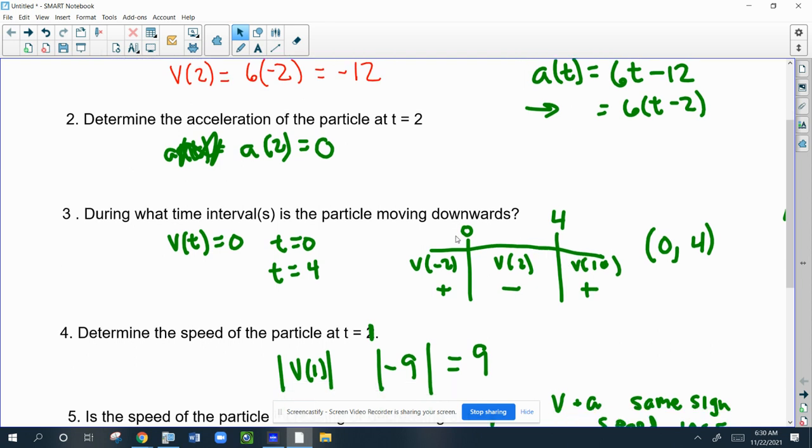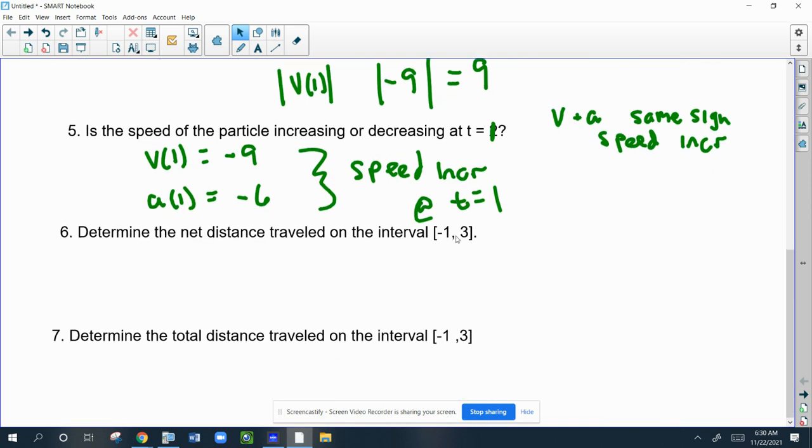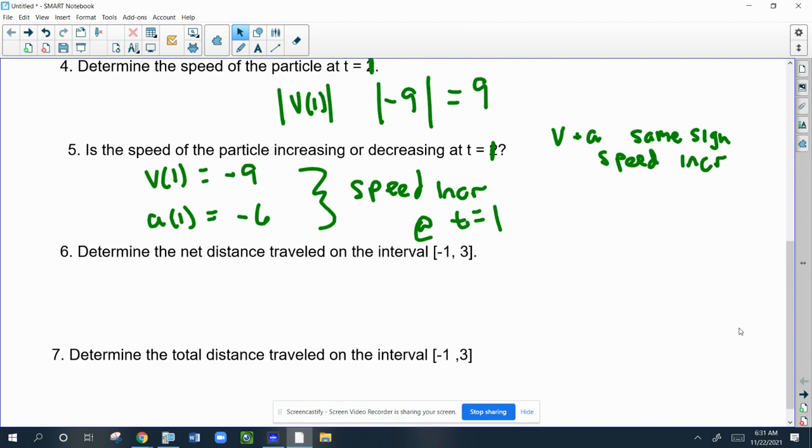And distance depends on velocity and direction. So the first question is the net distance. Well, the net distance is pretty simple, because you don't care how many times it changes directions.